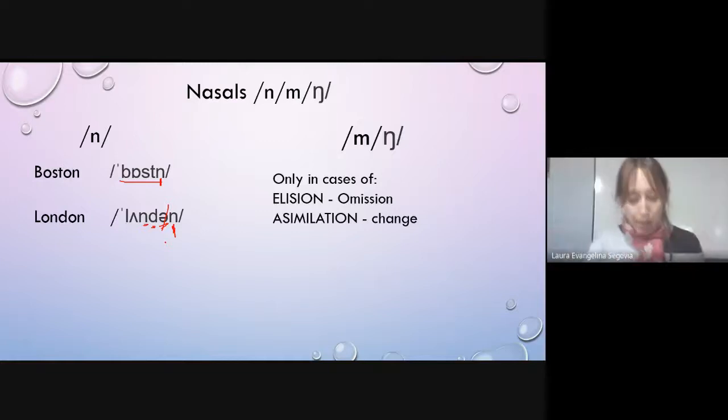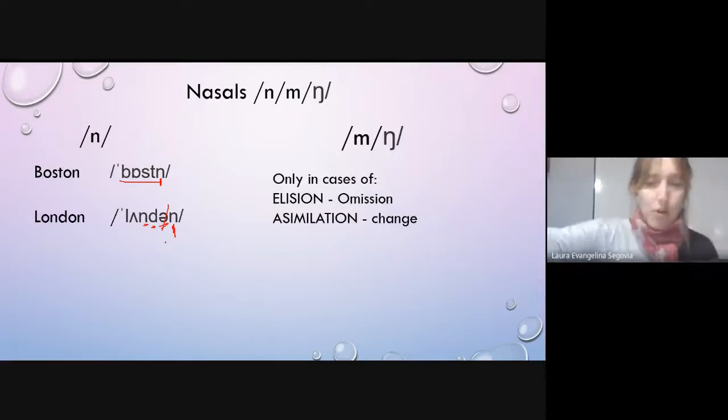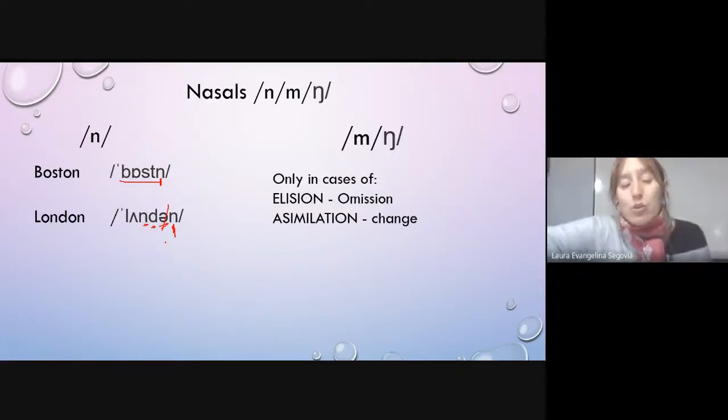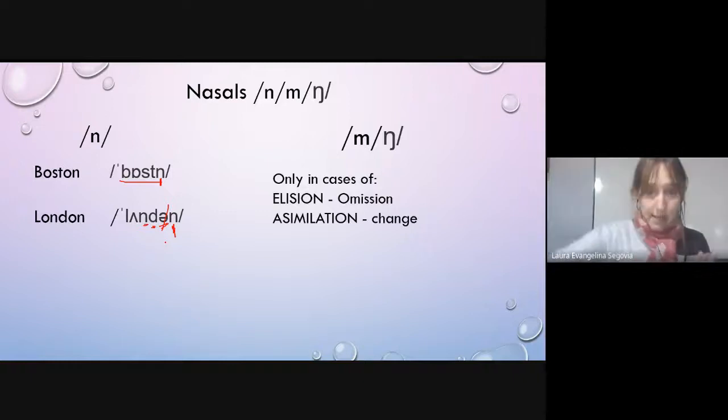I repeat. It doesn't mean that you cannot say it one way or the other. What you cannot do is to say London with a syllabic n. You have to say London with or without schwa, it's okay. Yes, that's the idea.